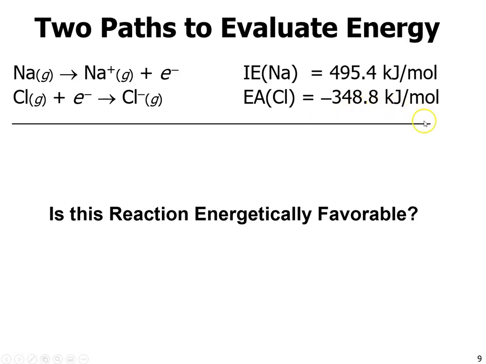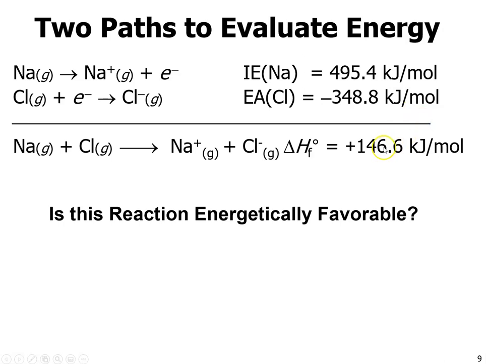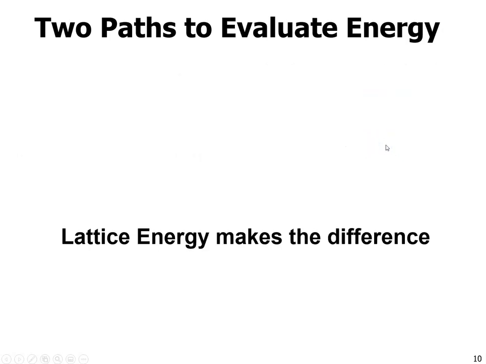So is this energetically favorable? Well, right now, with just the ionization energy and the electron affinity energy, we'd actually say this was not favorable. We would still have to input some amount of energy, about 150 kilojoules per mole overall, than what we'd get out. So this wouldn't be energetically favorable at this point.